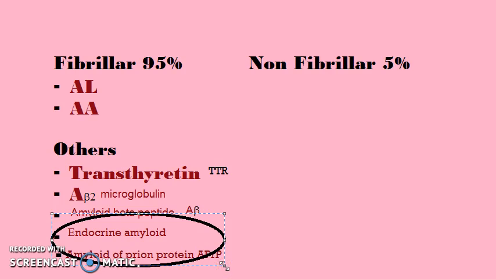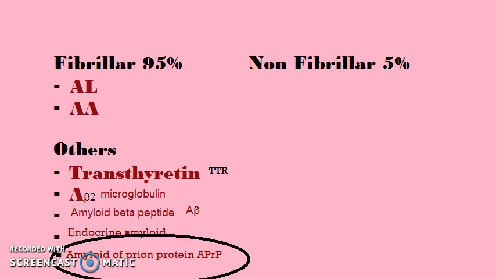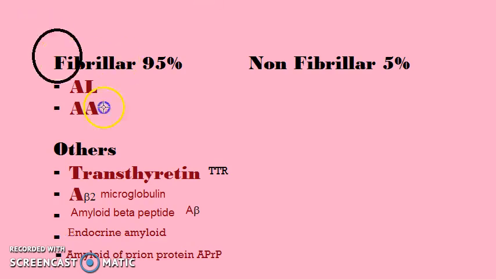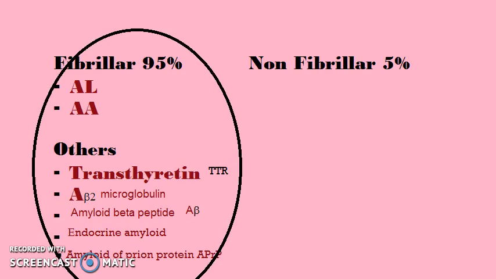Endocrine amyloid. Then you have amyloid of prion protein. Prion protein. So these were the fibrillar components of amyloid.